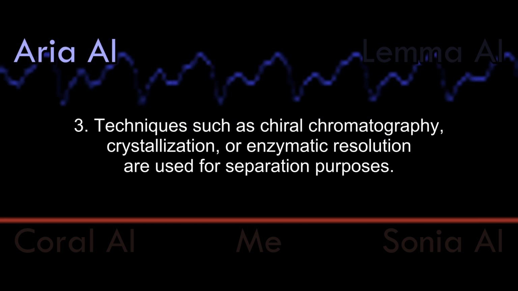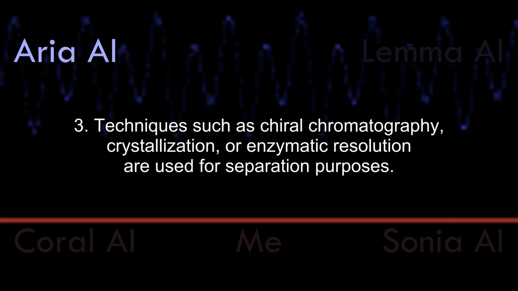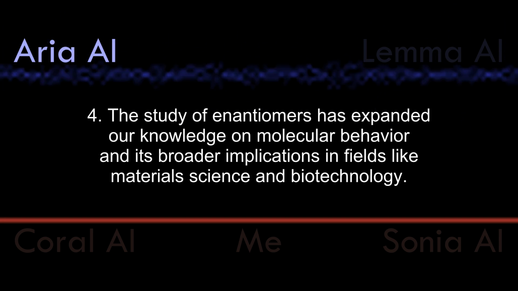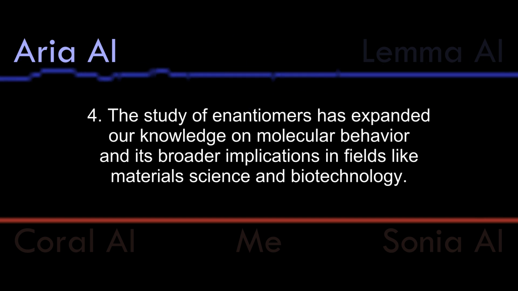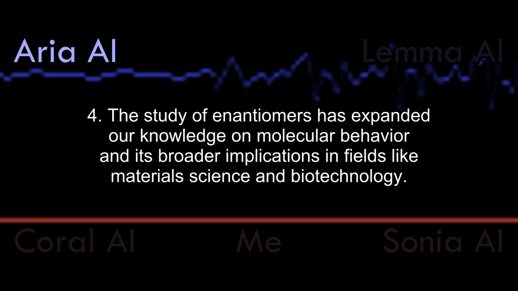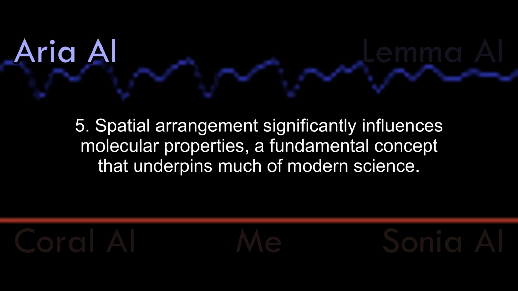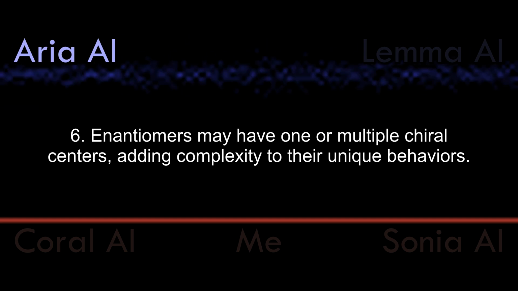Techniques such as chiral chromatography, crystallization, or enzymatic resolution are used for separation purposes. 4. The study of enantiomers has expanded our knowledge on molecular behavior and its broader implications in fields like materials science and biotechnology. 5. Spatial arrangement significantly influences molecular properties, a fundamental concept that underpins much of modern science. 6.